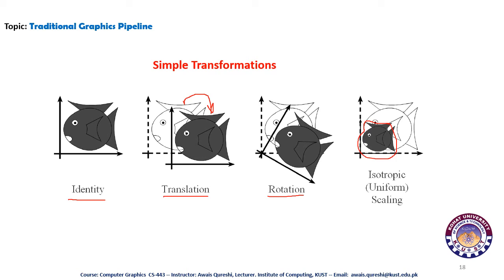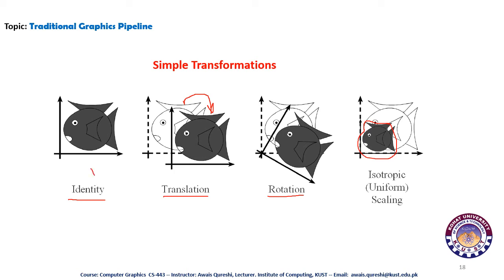Rotation is a step in which the fish is rotated slightly from its current axis. And here you can see that we have translated one fish to another fish and removed some color from it, and this is called the identity, the same object in the simple transformation.